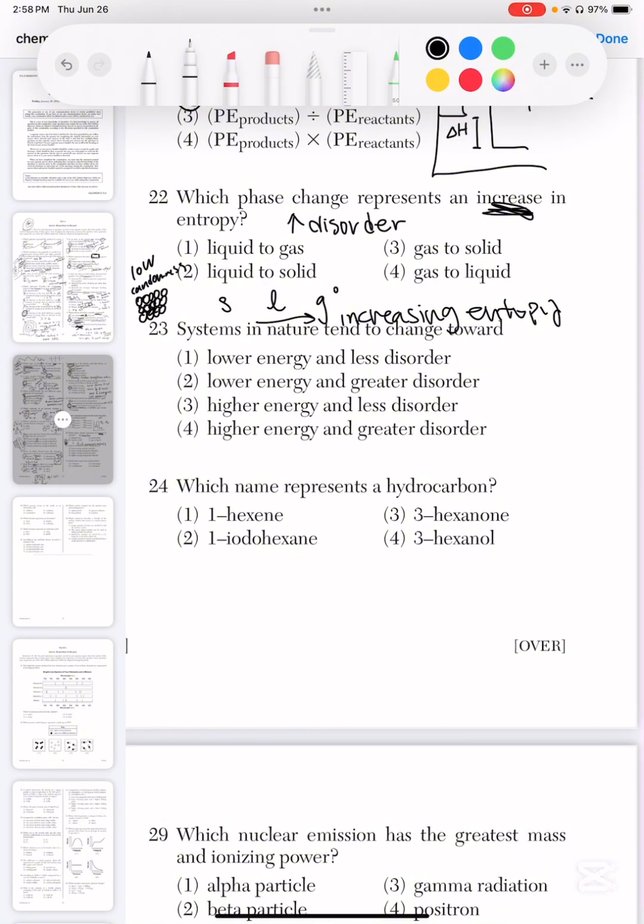And gases are all dispersed everywhere, so this is very random. Okay, you get the point. So it would just be this one to this one. Because liquid to solid, you're decreasing again. Gas to solid, decreasing by a lot. Gas to liquid, decreasing. And then liquid to gas, it's going from a liquid which has a moderate amount of randomness to a gas which has a lot of randomness. So that would be an increase in entropy. In nature, things tend to go low energy, high entropy. Yep.